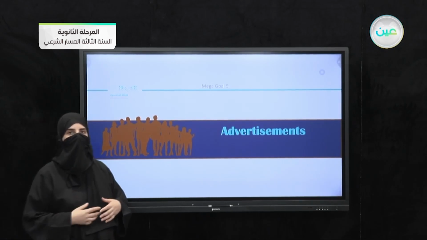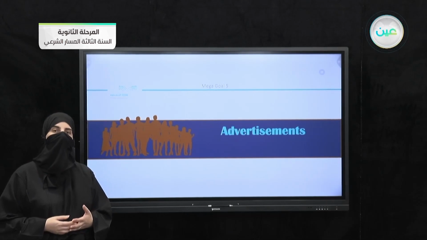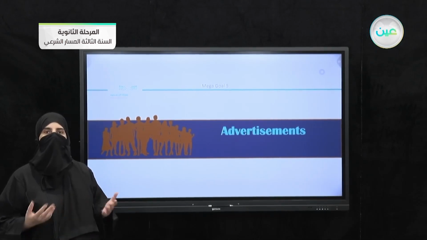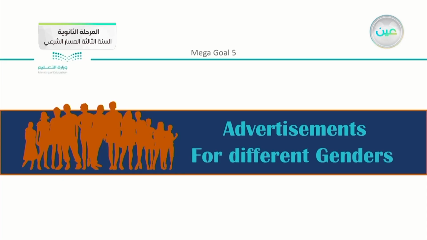They can be for older people, young people or children, mothers, family, teenagers or younger people. There are different types of advertisements, and of course they can be for different genders.